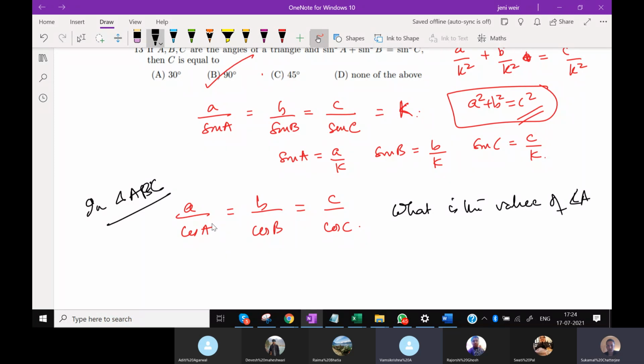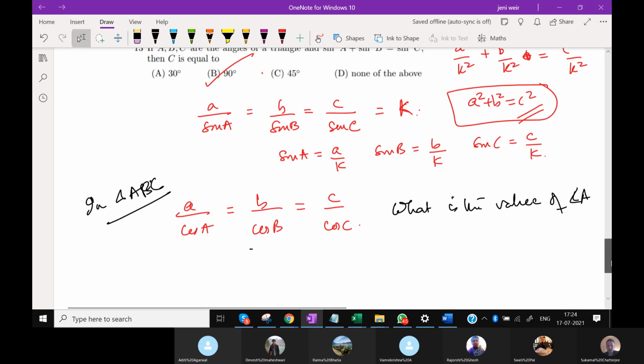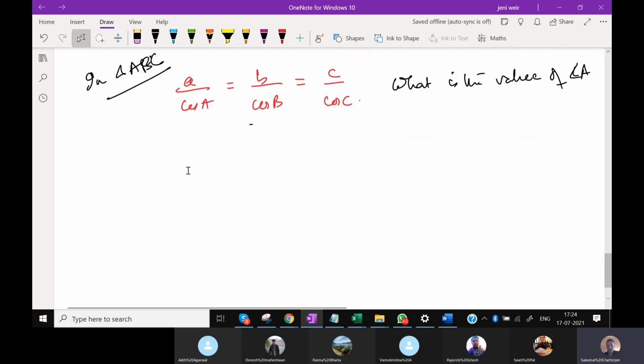Correct. So this is true for all triangles. Now this is given, so you just divide. You get tan A equal to tan B equal to tan C. All are equal. Sorry, not right angle, equilateral triangle.